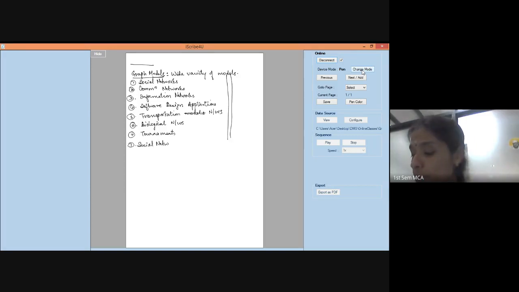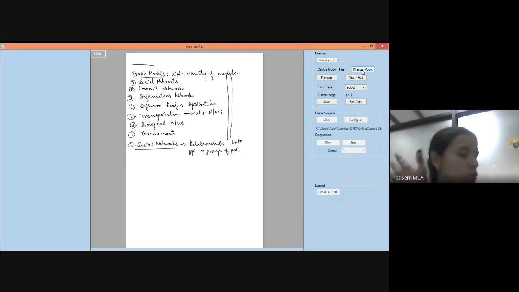How we can represent, or what do we mean by social networks. Now these graphs are extensively used to model social structures. Social networks means what? You try to represent some kind of relationship between people or between groups of people. That is what is called a social network. All of us know everyday social networks.